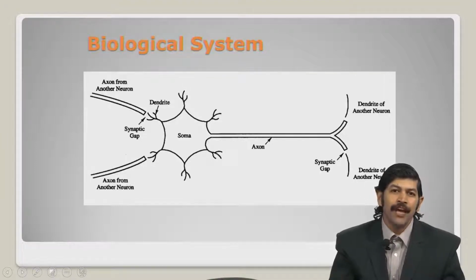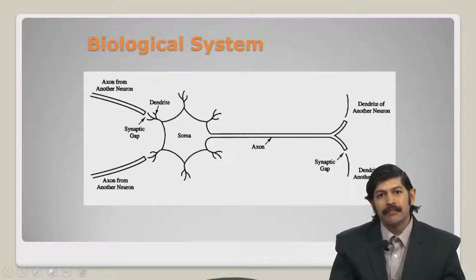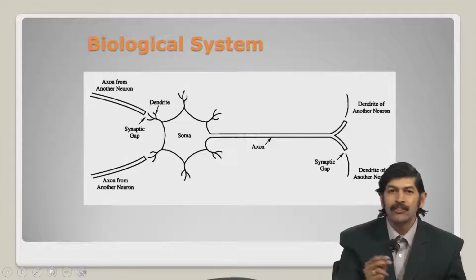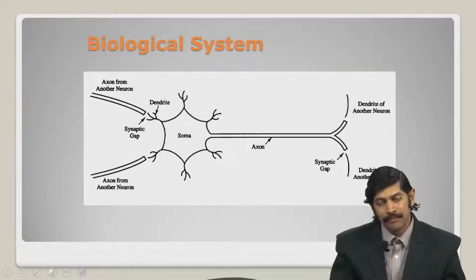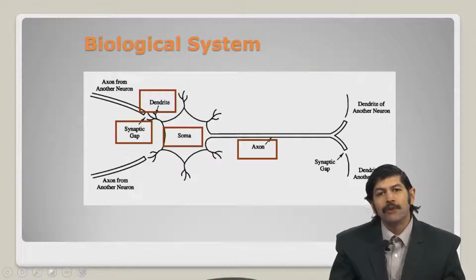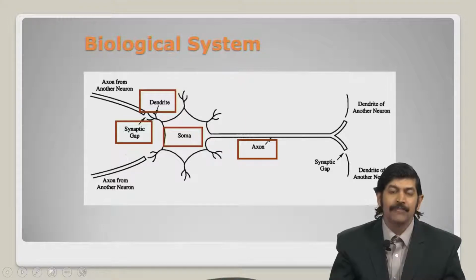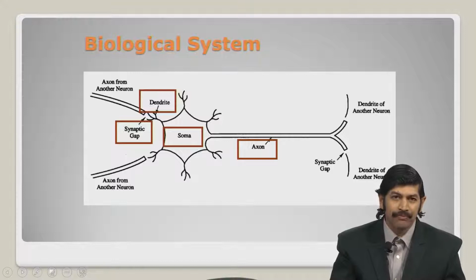And that's where, if you look at this particular biological system, you will realize that there is a soma, which is the actual cell, and then there are dendrites, which are sensors, there is a synaptic gap, and there is an axon. So that will be able to connect one soma cell to another. Let's take a clue from all of this, and this will help us create the artificial mechanism.